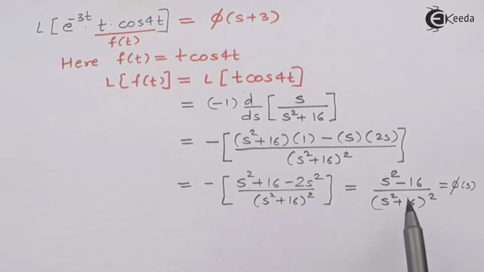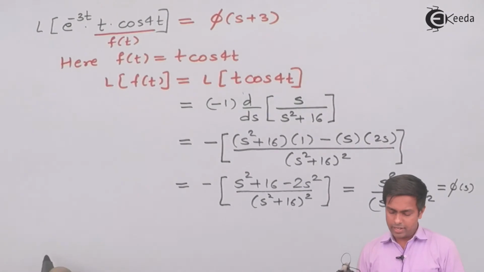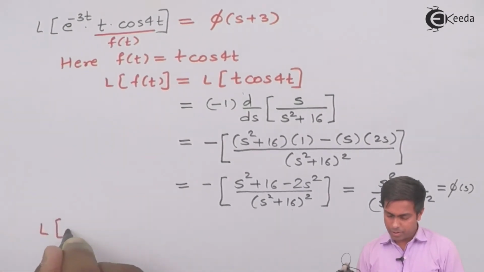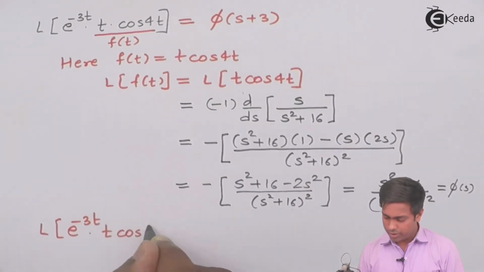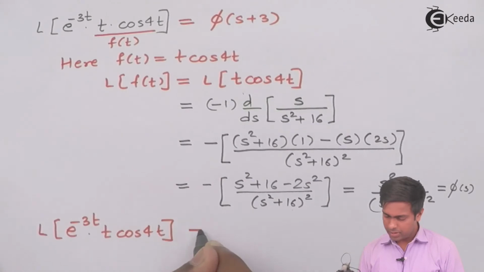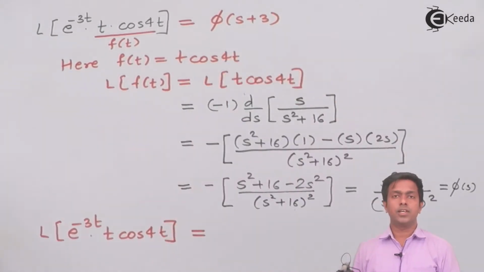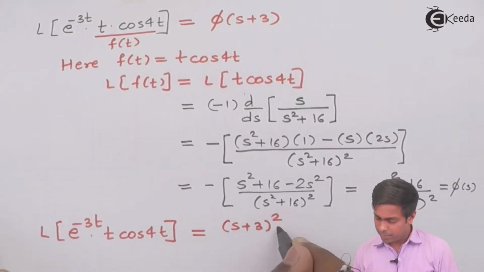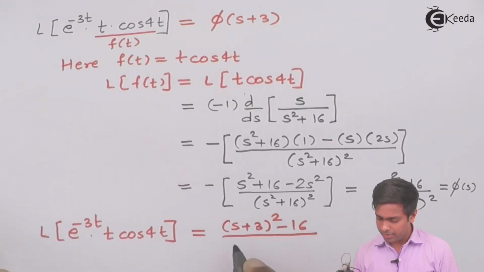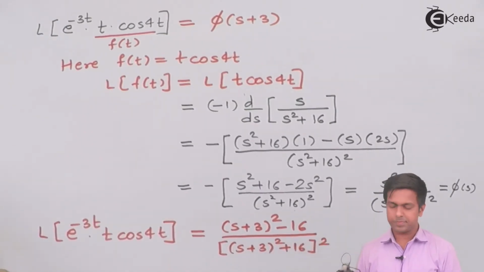So we are going to use this phi of s here to find out phi of s plus 3. That is why the Laplace of e to the power minus 3t into t cos of 4t is nothing but phi of s plus 3. So replace s with s plus 3. So this will become s plus 3 the whole square minus 16 upon s plus 3 the whole square plus 16 the bracket square.